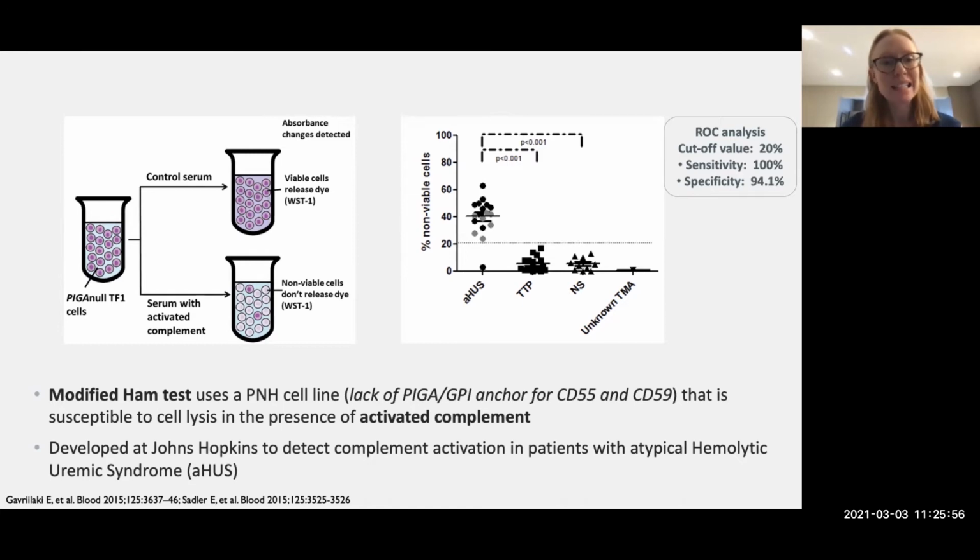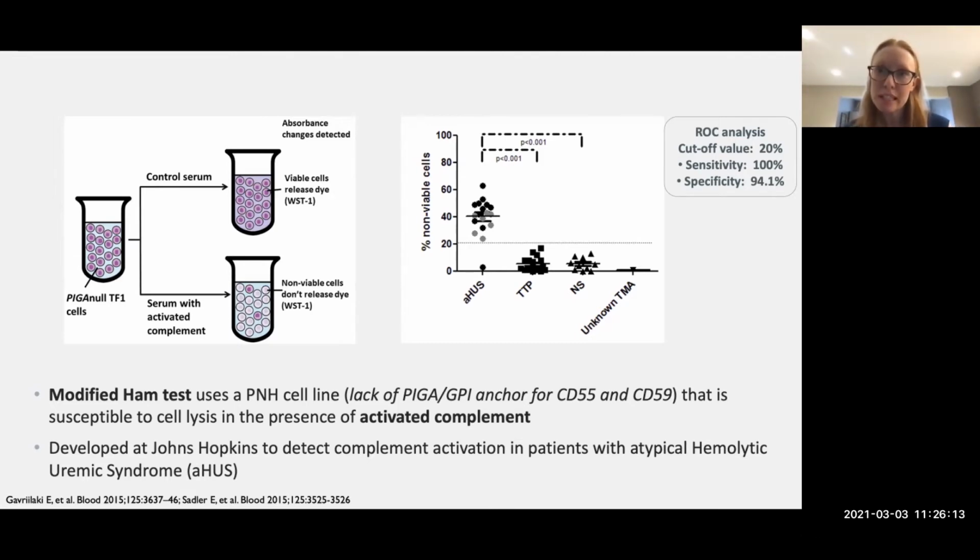By adding serum of patients who may have activated complement, compared to a control serum, and seeing what happens to those cells, if those cells lyse, that is a measure of this functional complement activity.